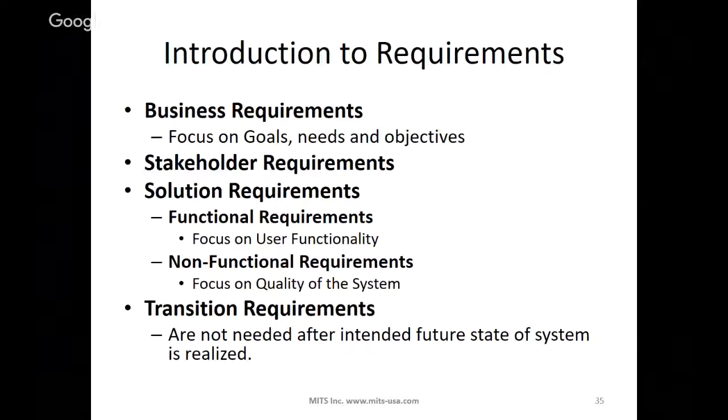Then the solution requirements, now all of a sudden we're into tons and tons of detail. The solution requirements are where the bulk of the work is. And after we've outlined what the solution is, there's a need to think about the transition requirements. From the diagram earlier this morning, transition requirements are focused on activities during what phase?